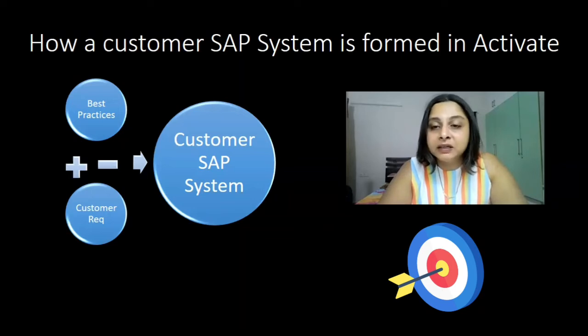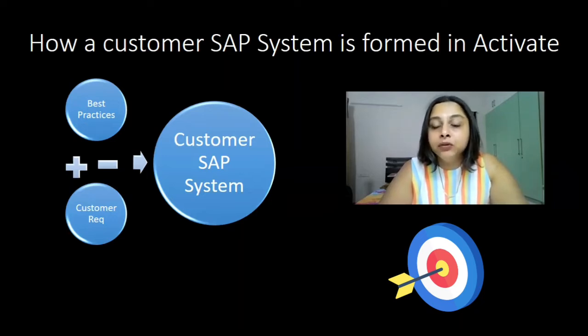Instead of the vanilla system, they give all the best practices implemented on the system, and the customer has to identify which best practices are needed for their organization, and either remove certain best practices which are not needed, or add new custom requirements on top of it if needed.